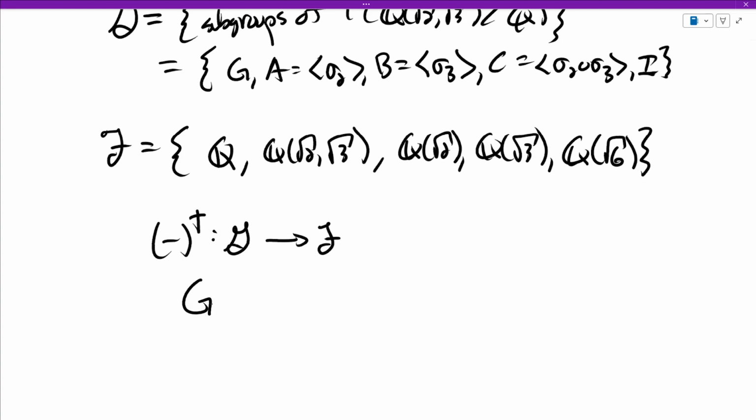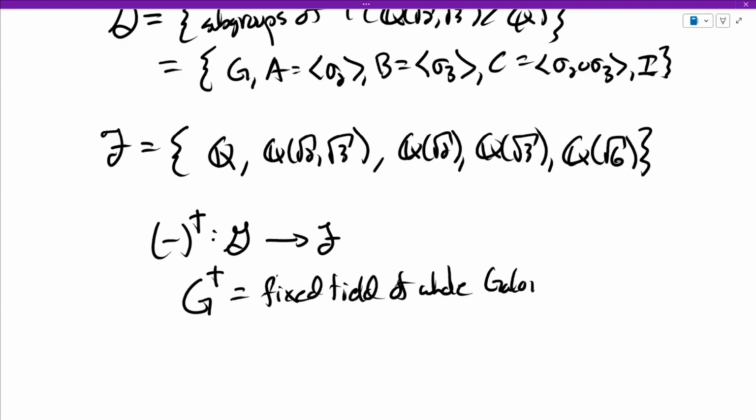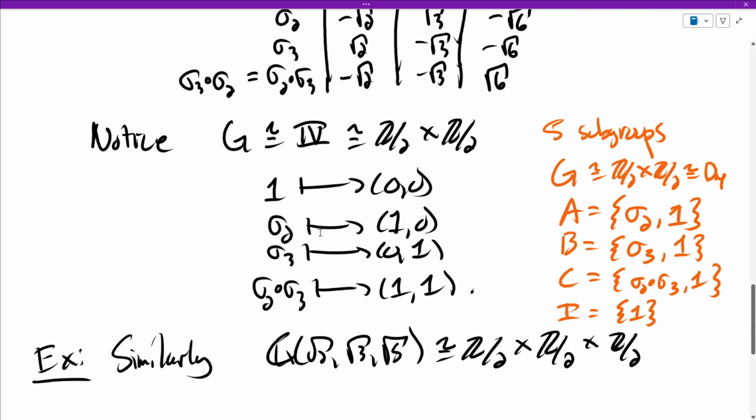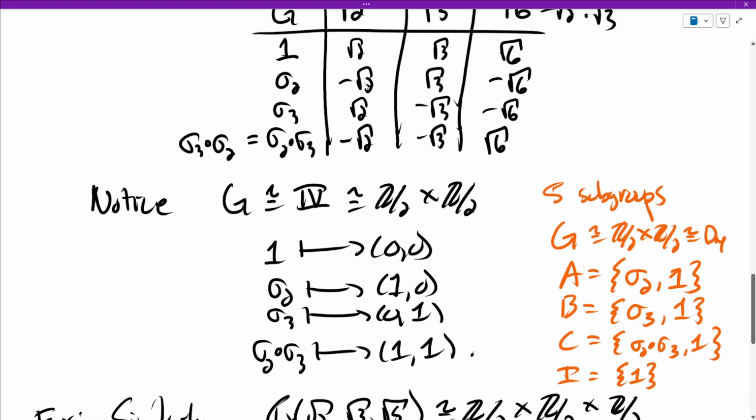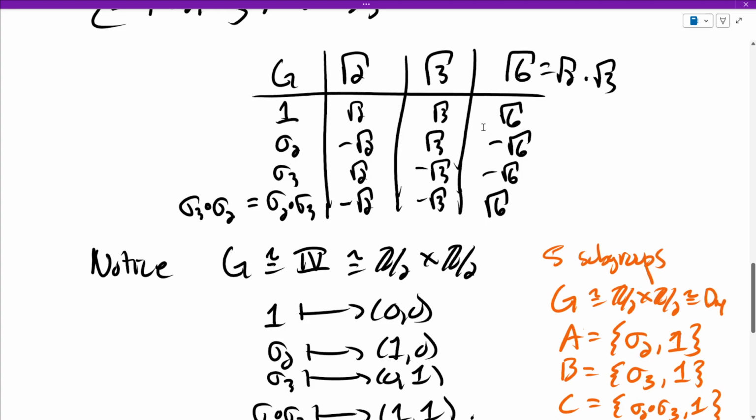So what's G dagger? G dagger is the fixed field for the whole Galois group. Let's think about that for a second. G has an element that negates root 2, has an element that negates root 3, and has an element that negates both of them. The element that negates root 2 only fixes root 3 and the rationals.